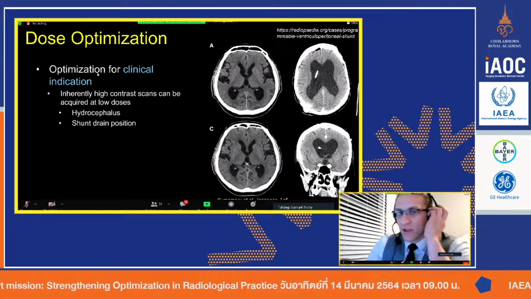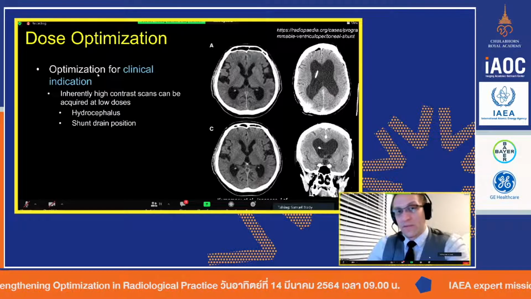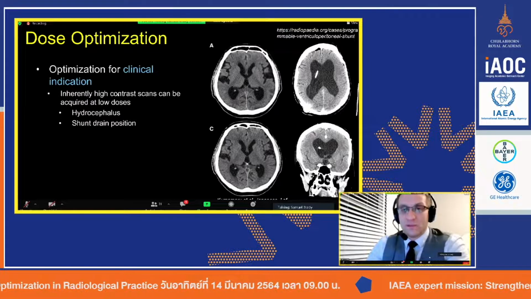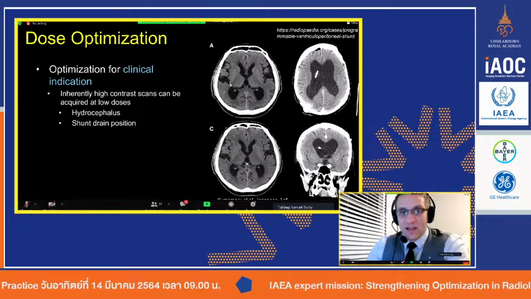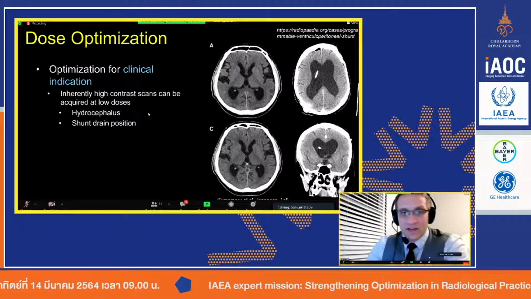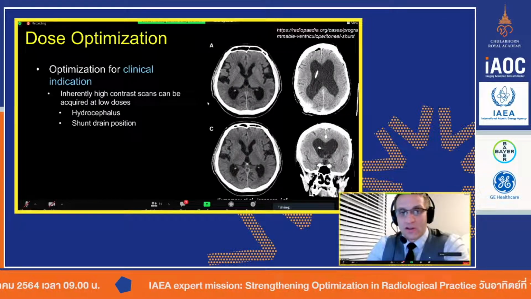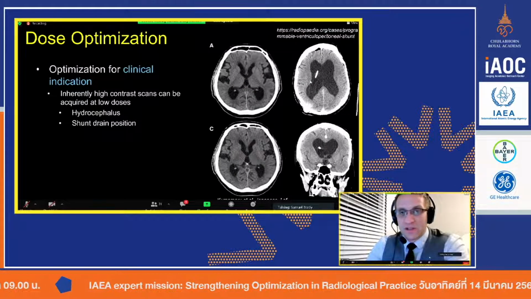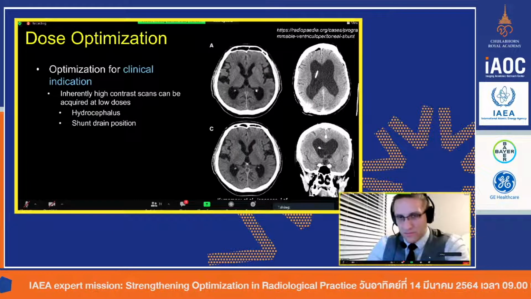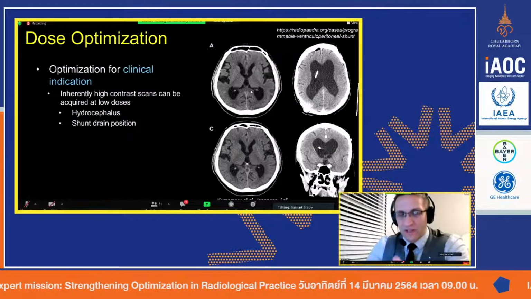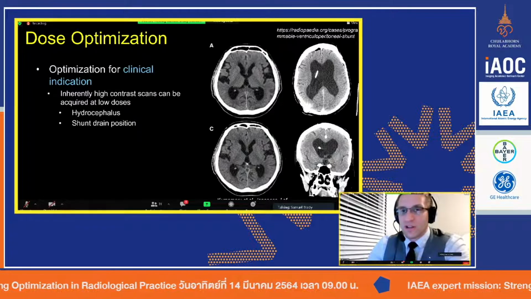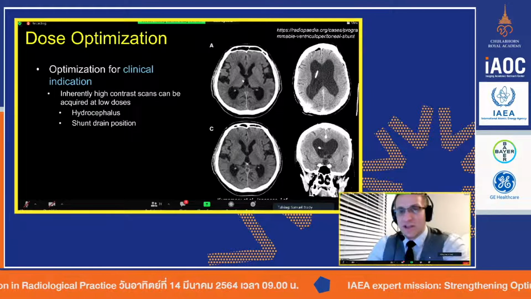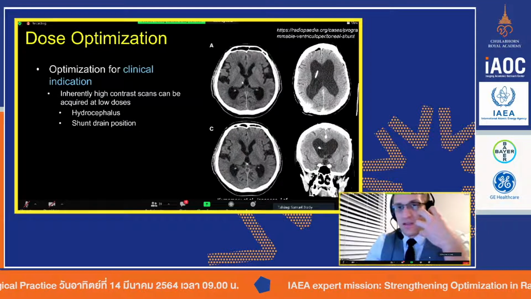So we can actually optimize the dose based on what we're looking for. If we are looking at an inherently high contrast indication, like hydrocephalus or shunt drain placement, these are clinical indications that most likely do not require a lot of radiation, because the image itself presents with an inherently high contrast.